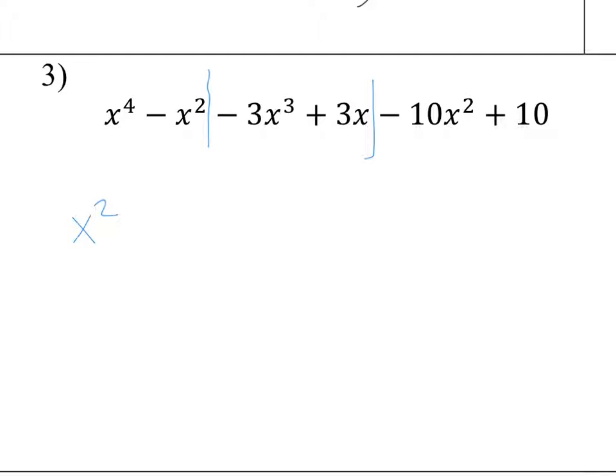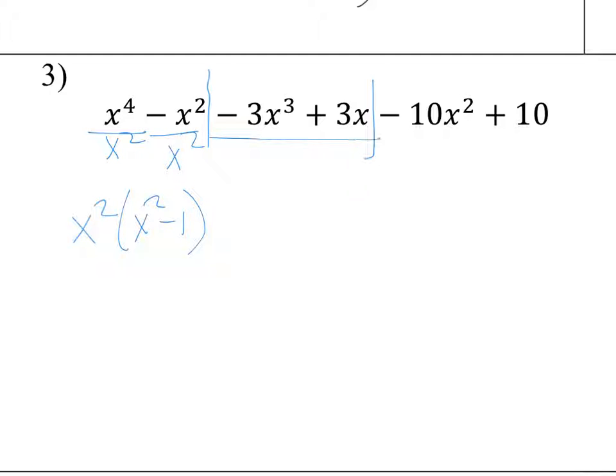I know the temptation here is to combine some like terms, like I see this and this are alike. You can, it's just going to make your life a whole lot harder later. If I'm telling you to factor and I give you a thing like this, just leave it and try to factor it first. So x squared is the GCF, and I'm left with x squared minus 1.